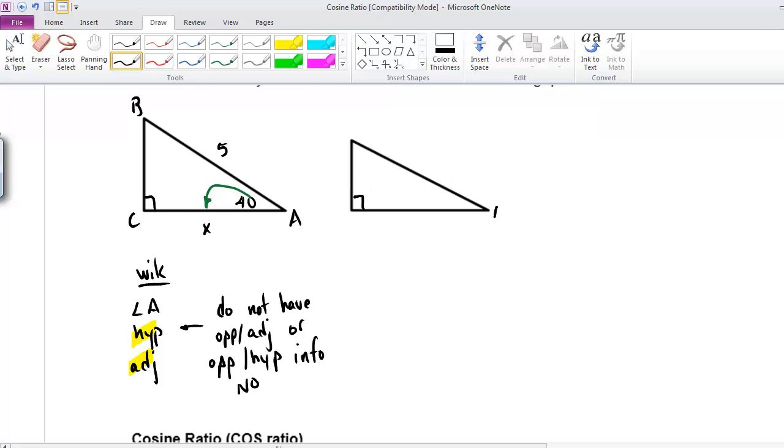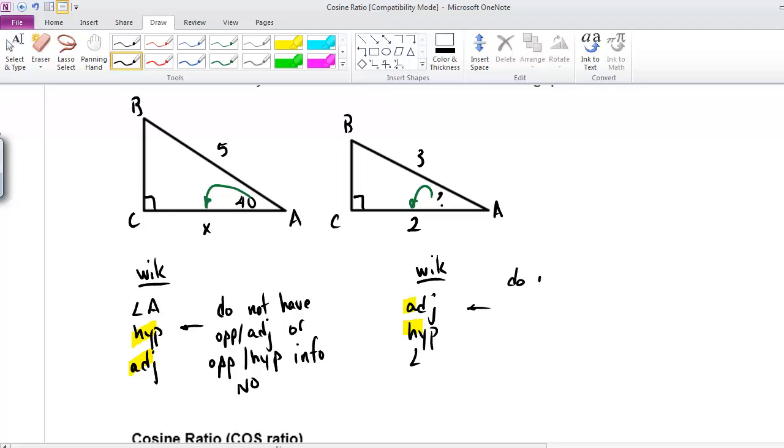Well, what about this one? We have A, we have B, we have C, and what I want to know is angle A. So, okay, what do I know or want to know? Well, I know the adjacent side relative to angle A. I know the hypotenuse, and I want to know angle A. And again, what I hope you recognize is we have adjacent and hypotenuse information.